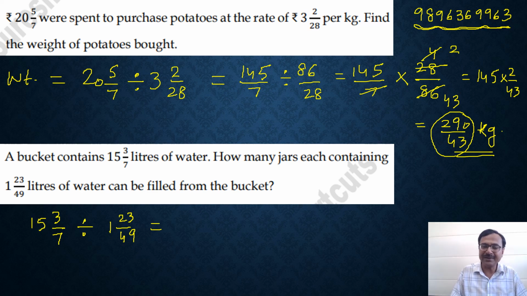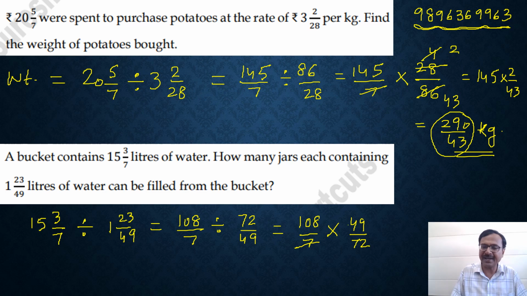How do you divide that? Convert it into improper fractions. 15 sevens are 105, plus 3 is 108, and then divided by 49 plus 23, which is 72/49. So what do you do with this? 108 upon 7 times 49 over 72.